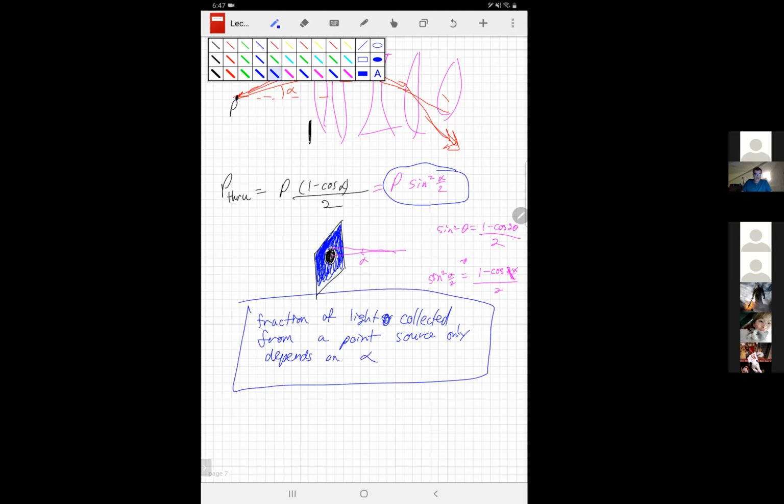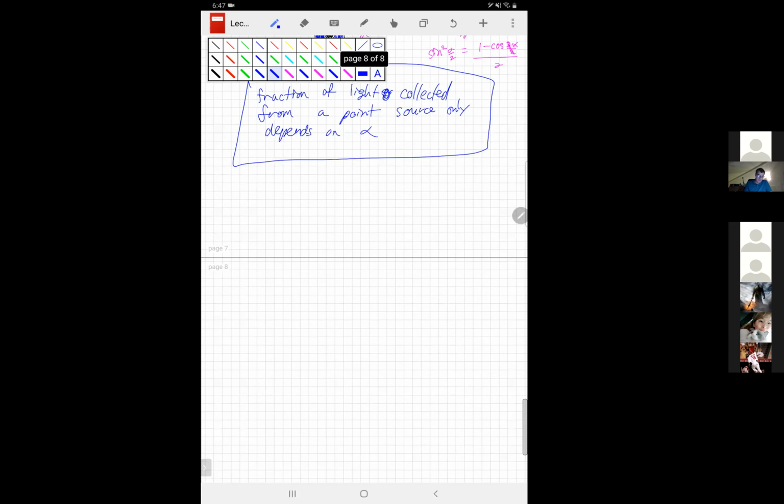Let's check this. Intuitively, if I had a detector that went way up there so that even light coming out at almost 90 degrees was detected, or better yet, much more realistically, I had a hemispherical surface. I never said anything about the surface being flat, okay? Maybe I have a hemisphere, and I know people who have designed hemispherical surfaces, or even more than hemispherical surfaces, to collect as much light as possible in an experiment.